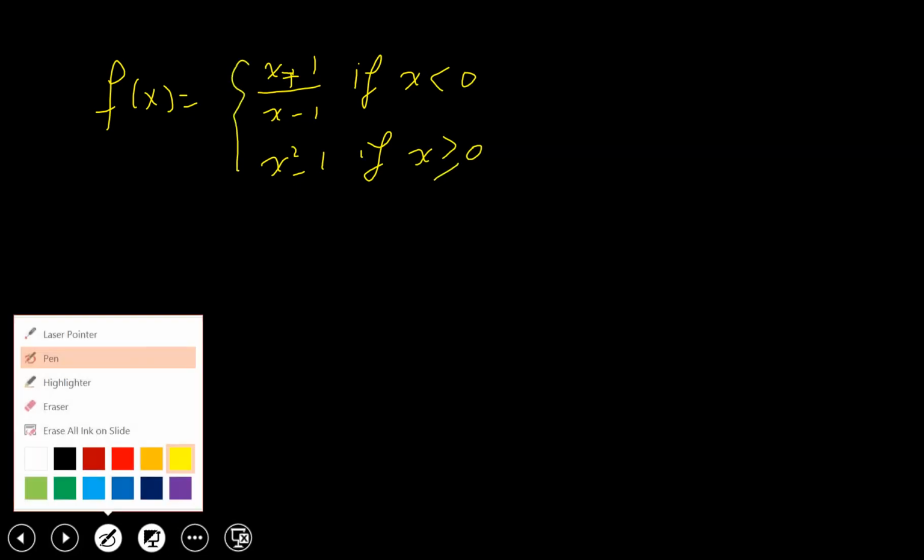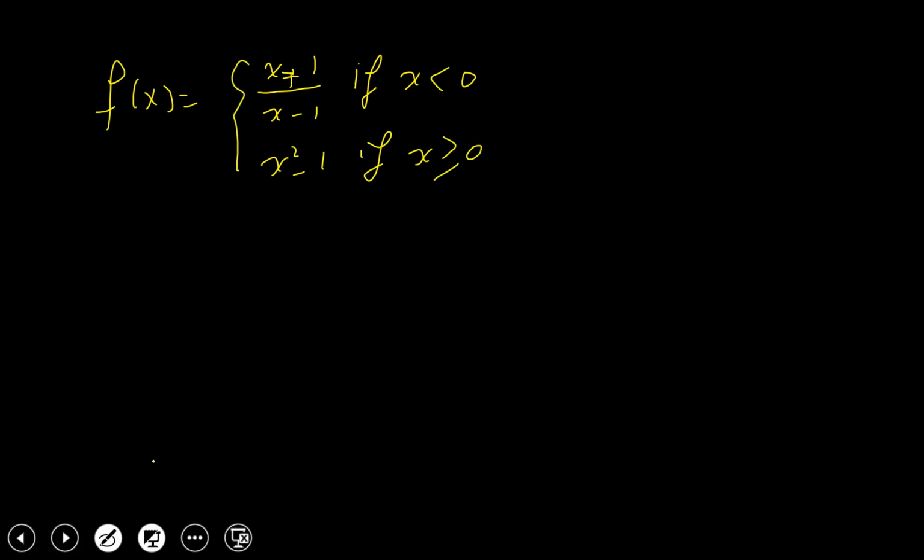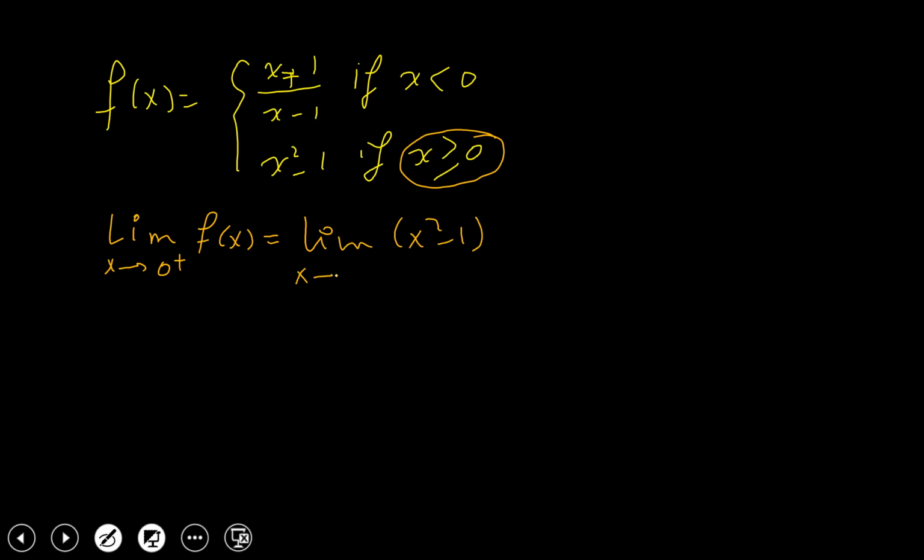Now, what do we have to do? We have to find, first of all, the limit as x tends to 0 plus, which means greater than 0. We use this expression, x squared minus 1, and we replace in it 0 plus. What do we get? 0 squared, 0 minus 1, the answer is -1.